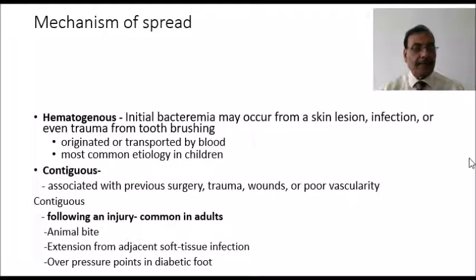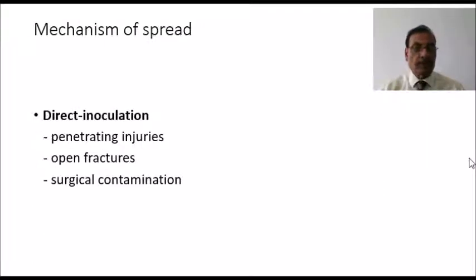Contiguous spread is by previous surgery, trauma, wounds, or poor vascularity. The commonest example is following an injury, which is common in adults, or from an animal bite, from the surrounding tissue. First there will be infection, and that goes to the bone. So that is called extension from adjacent soft tissue infection, or else over the pressure points in the diabetic foot, the infection can go to the bone.